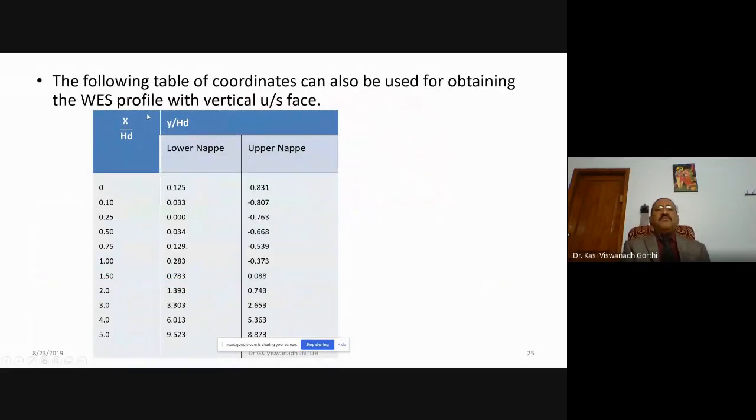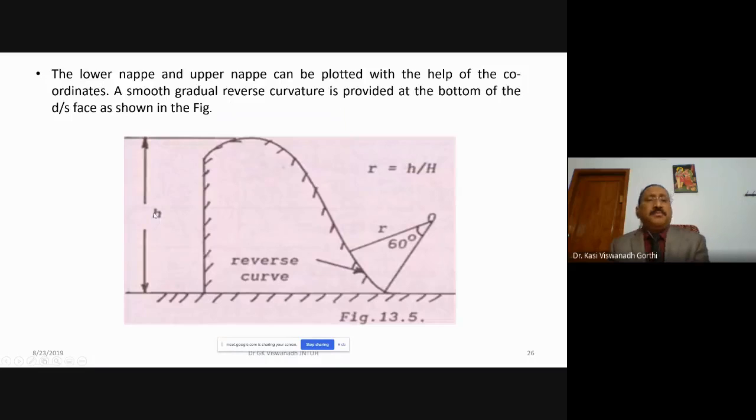The following table of coordinates can also be used for obtaining the WES profile with a vertical upstream face. You have the coordinates of the lower nappe and the coordinates of the upper nappe, y by Hd with respect to x by Hd, proposed based on the above equation. The table is prepared, and the lower nappe and upper nappe can be plotted with the help of the coordinates.